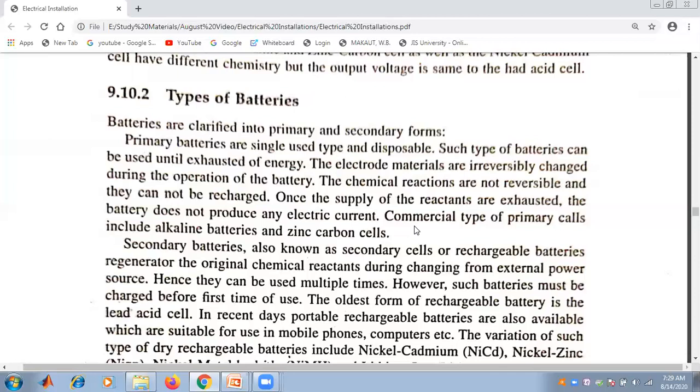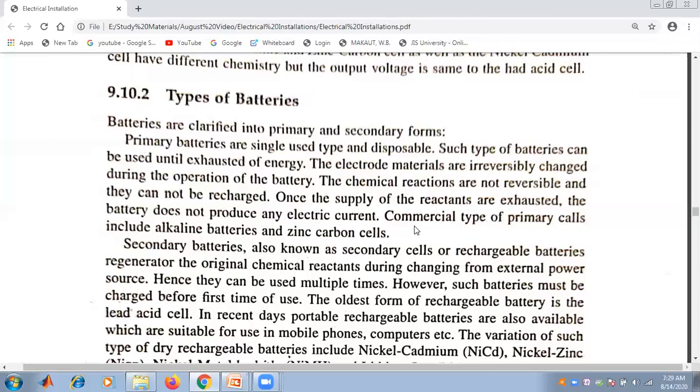Once the supply of the reactants is exhausted, the battery doesn't produce any electric current. So this is the general conception of primary batteries.